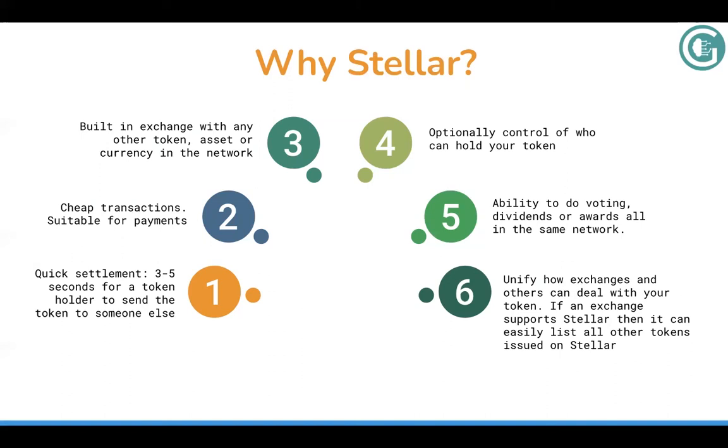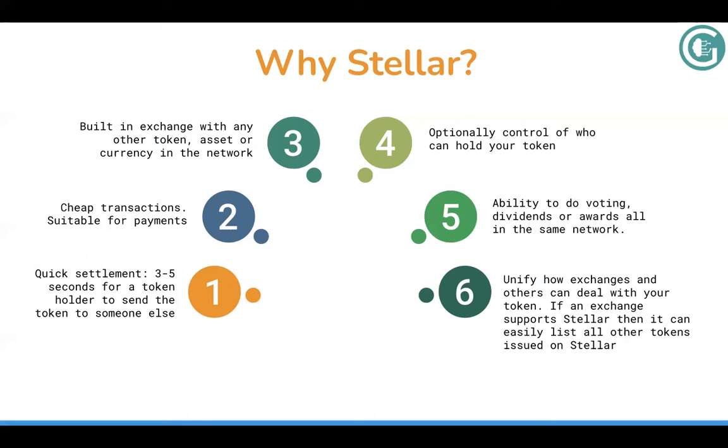The sixth one is unify how exchanges and offers can deal with your token. So this is a very important one. If any exchange supports Stellar, and we know that a lot of exchanges support Stellar, Stellar is a very successful platform out there. So we do not have to do any extra work to list our token in those exchanges.